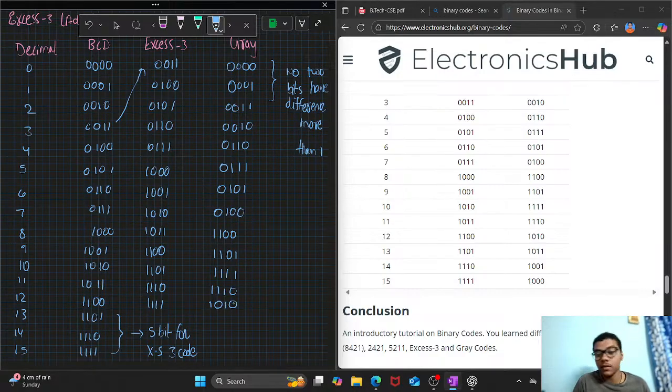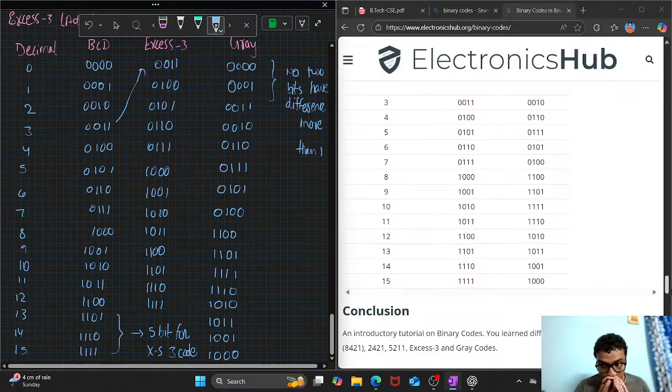For 13: 1, 1 plus 1 is 0, 1 plus 0 is 1, 0 plus 1 is 1. For 14: 1, 1 plus 1 is 0, 1 plus 1 is 0, 0 plus 1 is 1. And for 15: 1, 1 plus 1 is 0, 1 plus 1 is 0, 1 plus 1 is 0. So this is how you do the gray code.